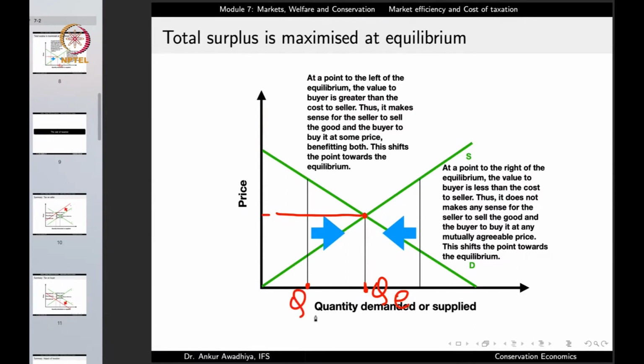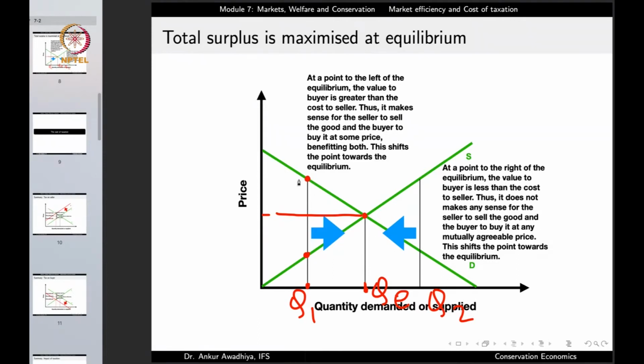This is a quantity that we are checking, and this is another quantity that we are checking, Q1 and Q2. Now, at point Q1, the seller is able to supply at this cost, and the value to the buyer is this much.